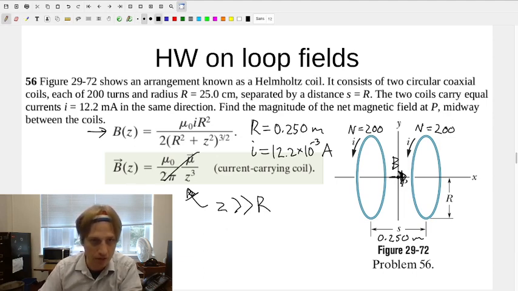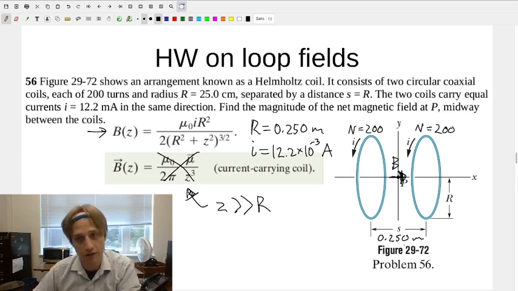So we don't get to use it. We have to use the analytic expression for our ring. And then for our z, we're going to use r divided by 2. And then we're going to have to multiply by 200 to get the magnetic field contribution over here, plus 200 times the magnetic field contribution of one loop over there. Okay, so essentially it's going to be 400 times this thing with z of 12.5 centimeters.